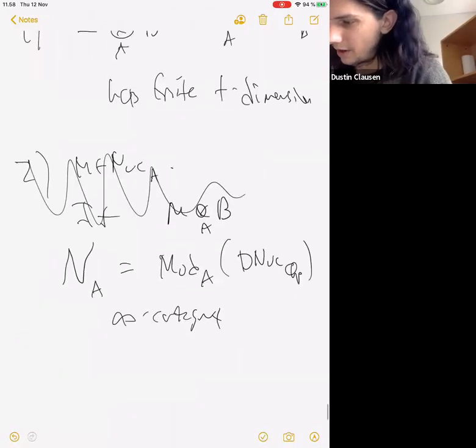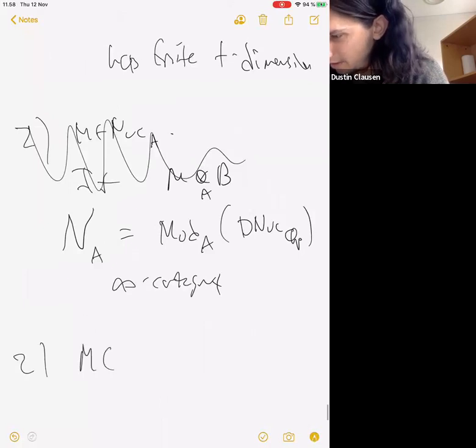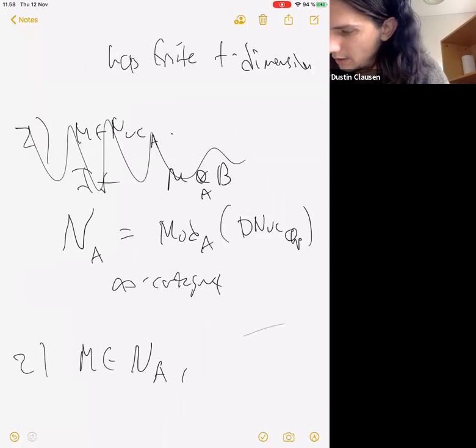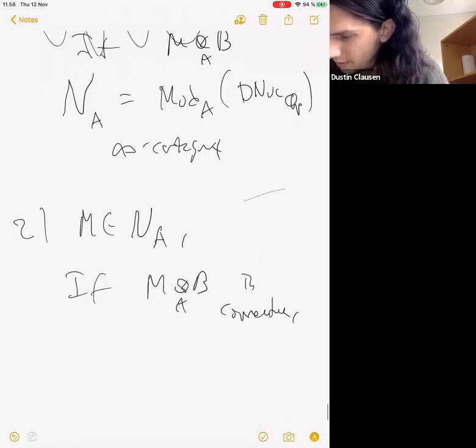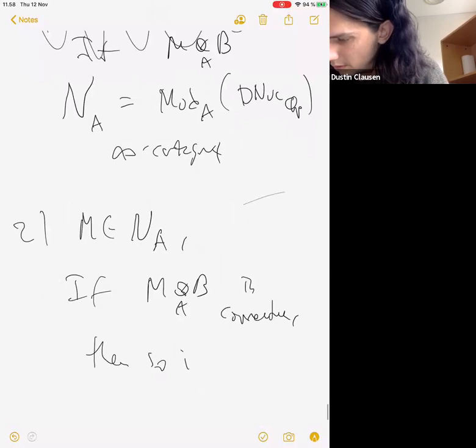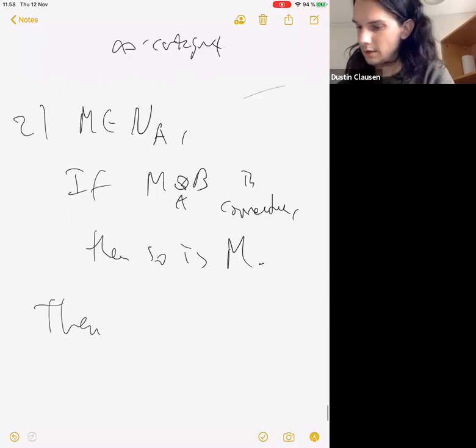Right. So suppose two: for M in N_A, if M tensor_A B is connective, then so is M. Then you have descent.